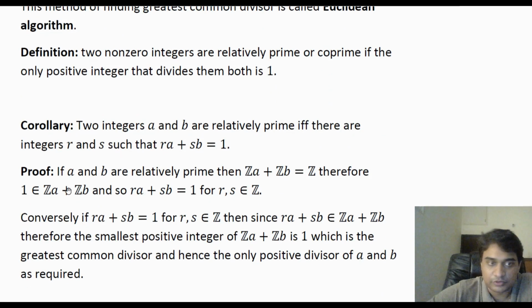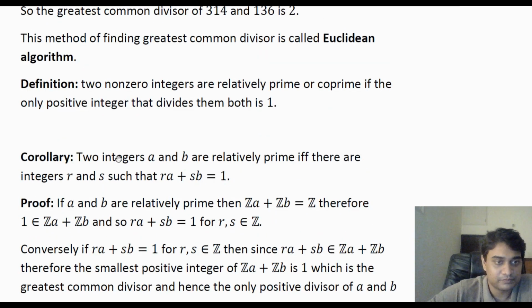And now, the corollary of the theorem. The simple corollary of the theorem that we have studied is: two integers a and b are relatively prime if and only if there are integers r and s such that ra plus sb equals 1. This has a quite straightforward proof, right?